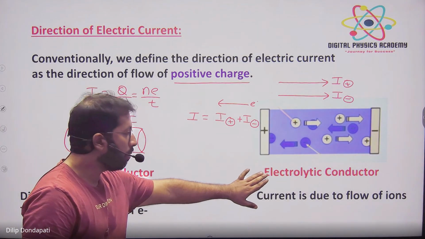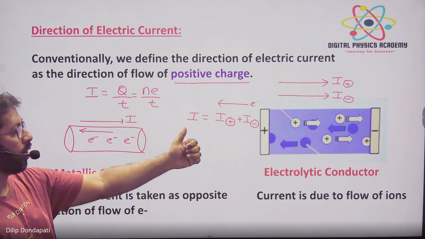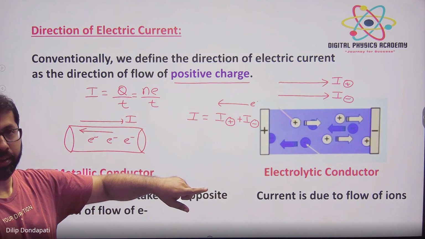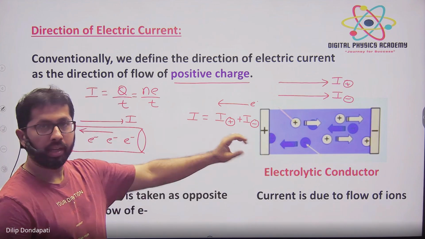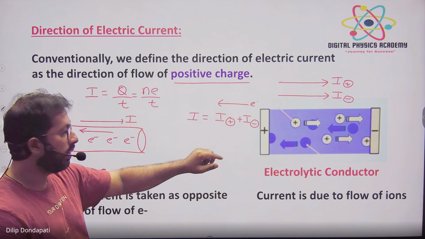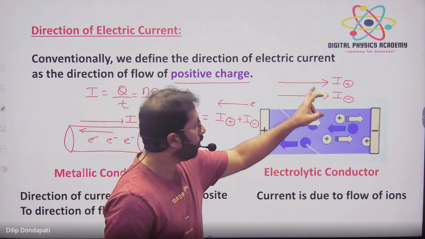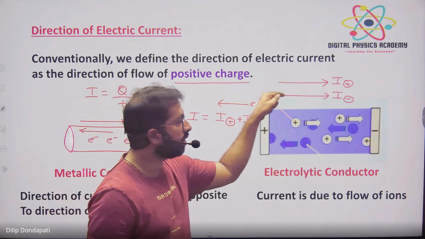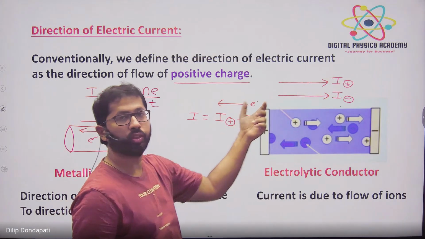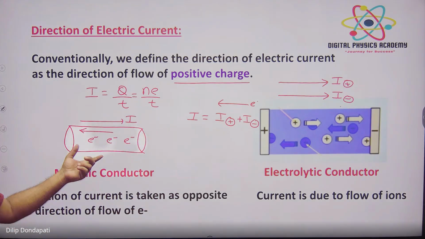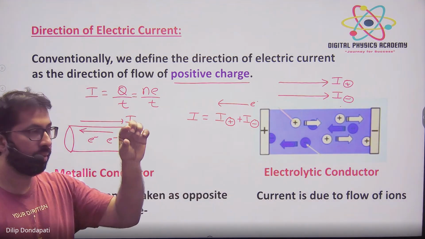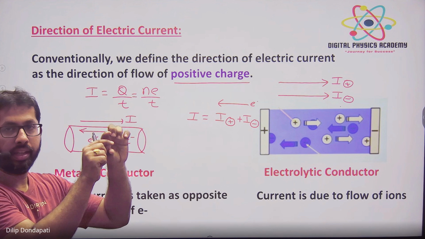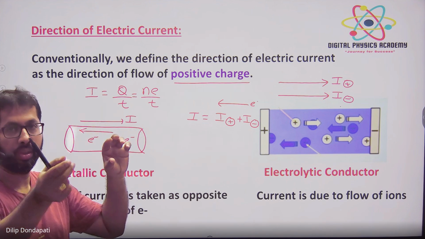So what's the direction of current in an electrolytic conductor? Opposite. In electrolytic conductors, first of all, the current will always flow in the opposite direction to the negative ions. Here positive ions are flowing to the right side, so the current due to positive ions will also be there, and negative ions are going to the left side, and the current will flow in exactly the opposite direction because of the negative ions. We should add both currents in this. But in a metal, the positive ions will not move, right? In an atom, the positive charges are in the nucleus. Will protons move from one place to another? No, only electrons will start moving.